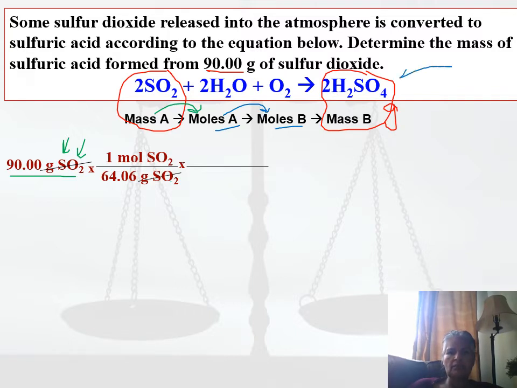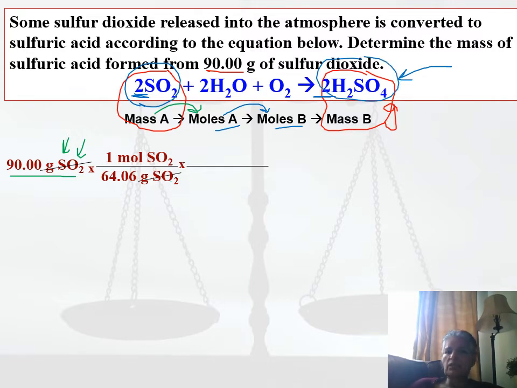This is our balanced equation, so we're going to look for the coefficients. Notice that on sulfur dioxide we have a coefficient of 2, and on sulfuric acid we have a coefficient of 2. So the mole ratio is that for every 2 sulfur dioxides we're going to get 2 sulfuric acids.